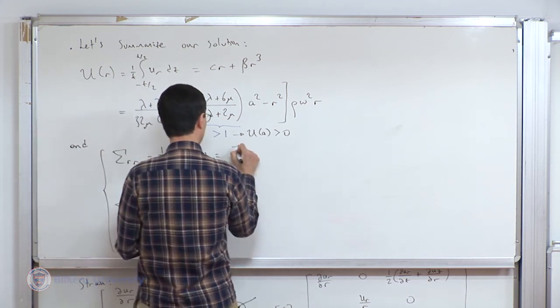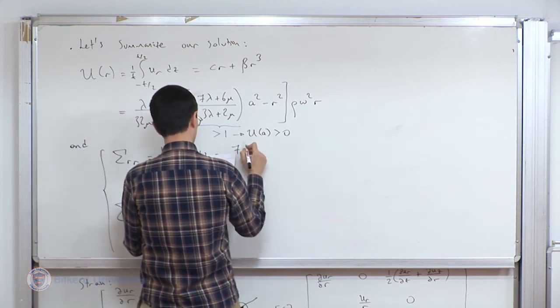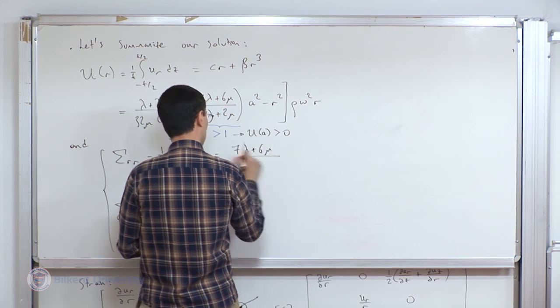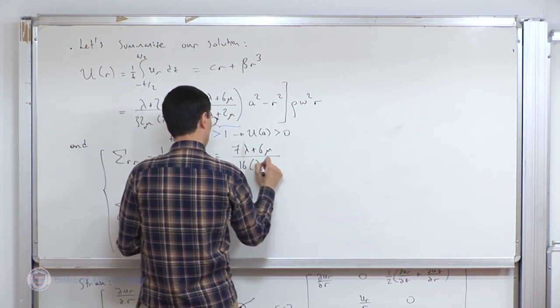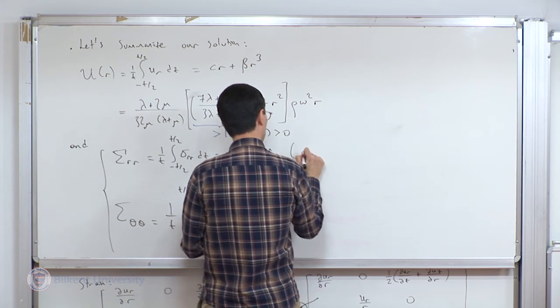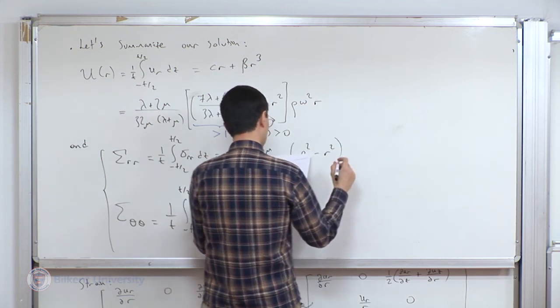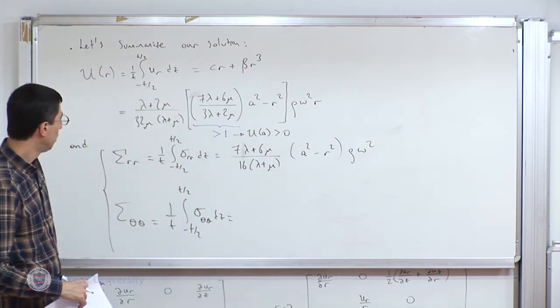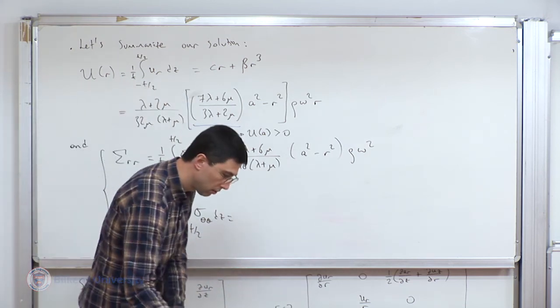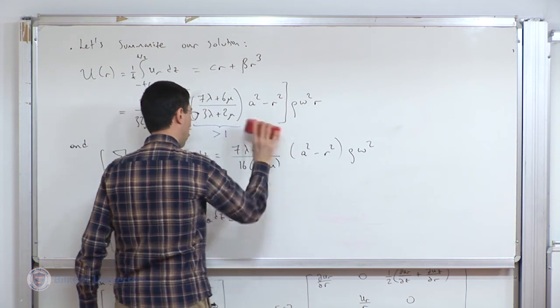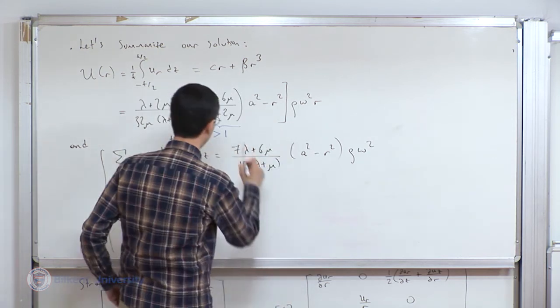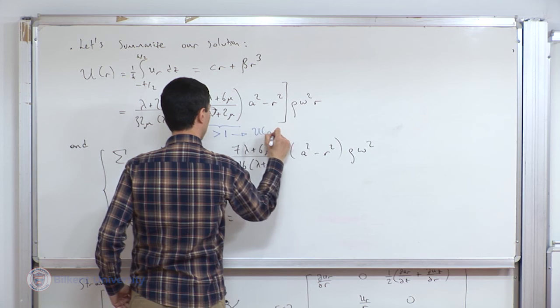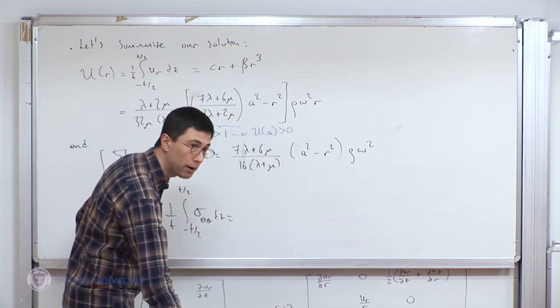The first one we have calculated. So it is (7 lambda + 6 mu) over, okay, that's the simplified final expression, (a squared minus r squared) rho omega squared. That is sigma RR.